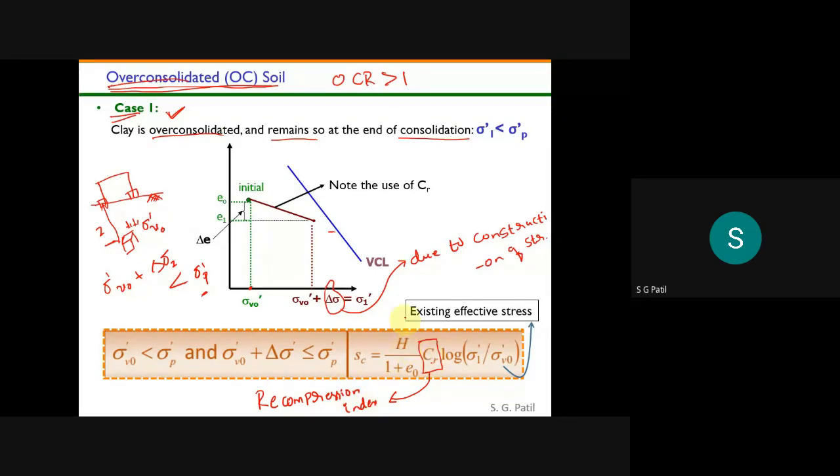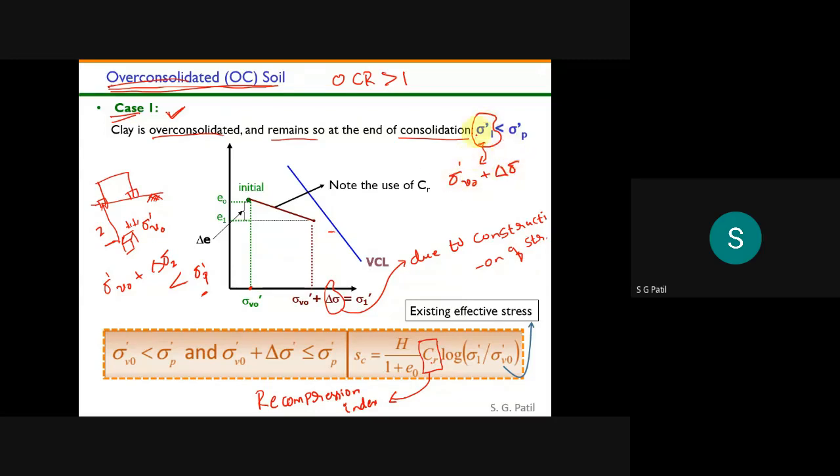Okay, so if you have an OC soil, carefully listen to my words. If you have an OC soil, and if your final stress, so this is my final stress. What does this final stress include? This final stress includes my in situ vertical stress plus the stress due to your structure, that is delta sigma.